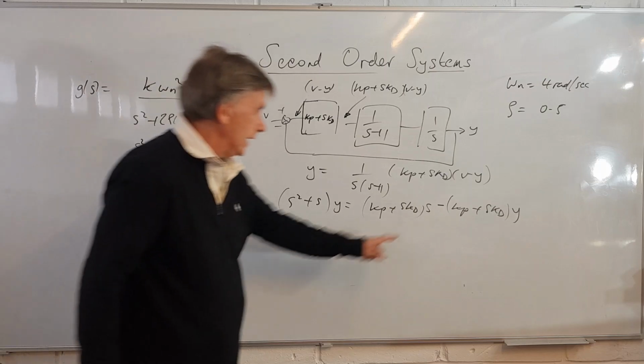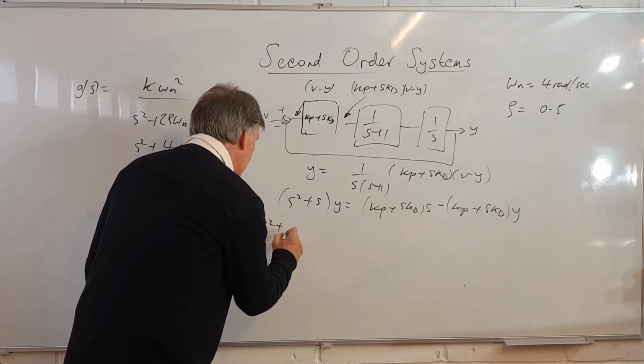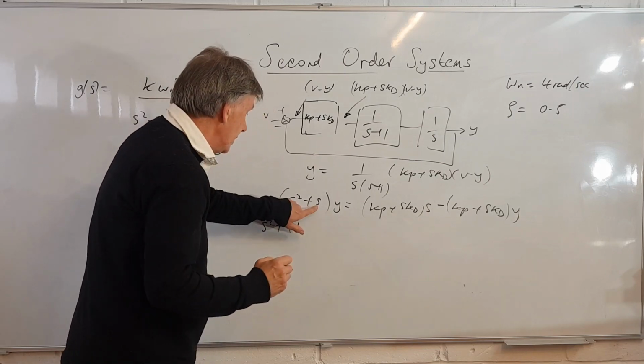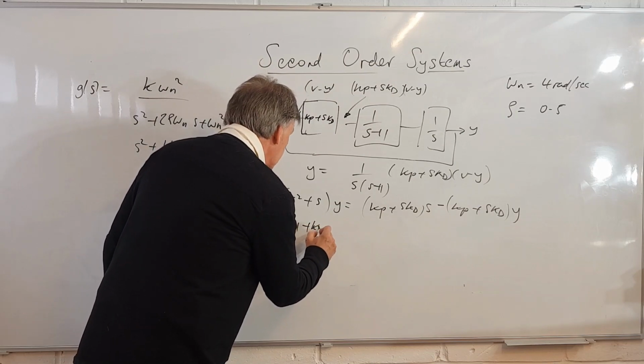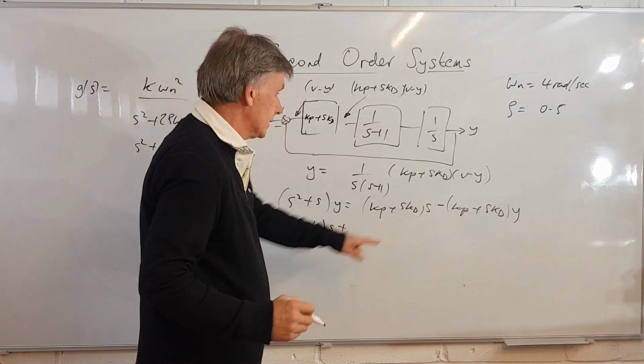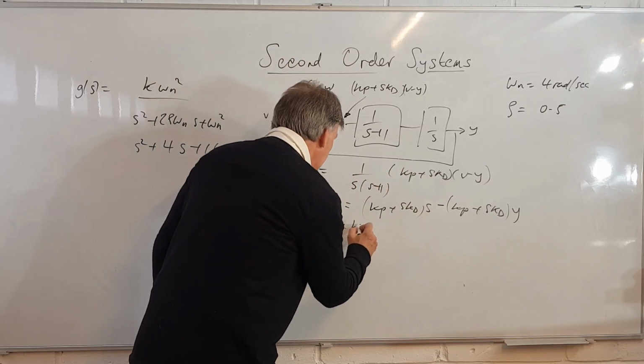Then what you can do is take these terms onto this side. So you can get s squared plus, and I've got the 1s and Kds, it's going to be 1 plus Kd times s plus, and then we're going to have minus Kp on that side becomes plus Kp on this side.